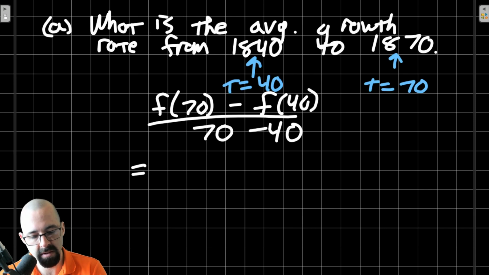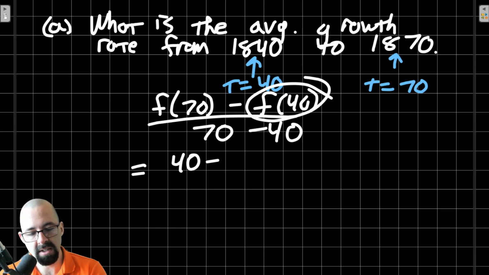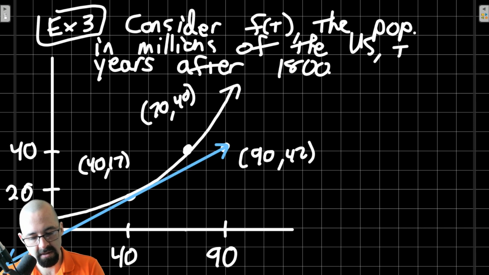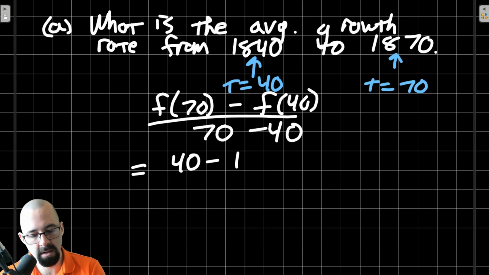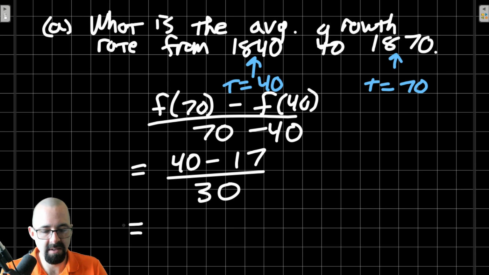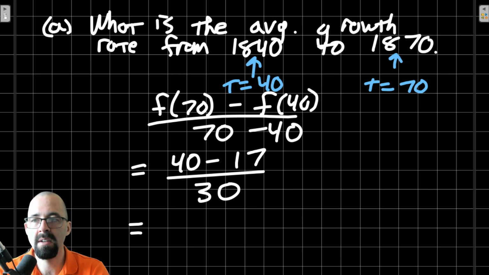So just 40. Minus, what is the function value when t is equal to 40? Well, let's look. When t is equal to 40, the function value is 17, like 17 million people. 70 minus 40 is just 30. And we can simplify this out. It'll be 23 over 30, which is approximately 0.76 repeating.